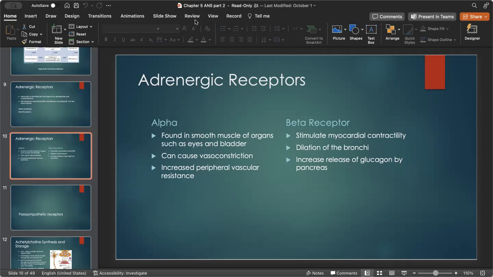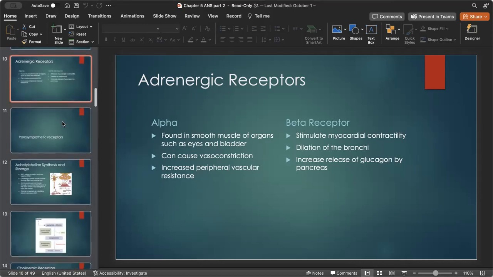And it also causes glyconeolysis, which means that it breaks down glycogen, which means you have an increase in sugar levels. So beta-2 works on the lungs and causes bronchodilation, or expansion of the lungs to allow you to breathe, and glyconeolysis, which is the breakdown of glycogen into sugar.